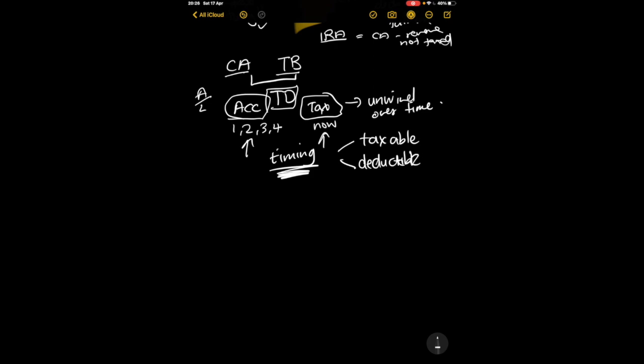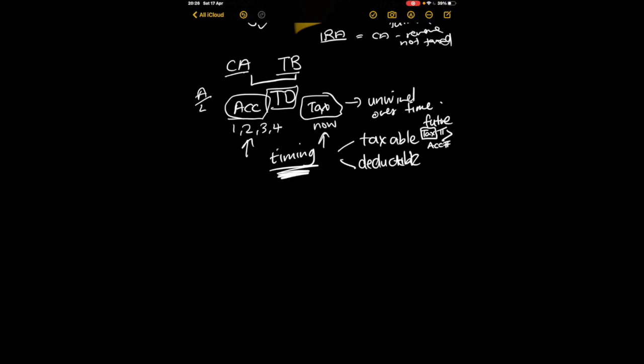Okay, so if my temporary difference is taxable, it means that in the future my tax profit is going to be greater than my accounting profit. That means that in the future I'm going to pay more tax.